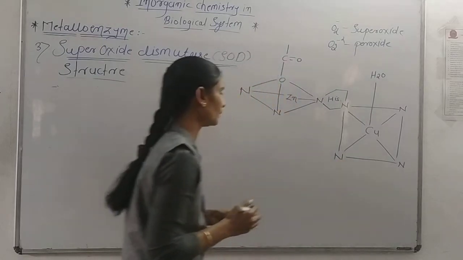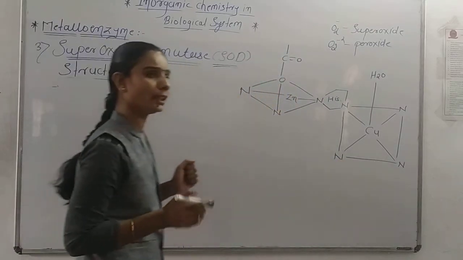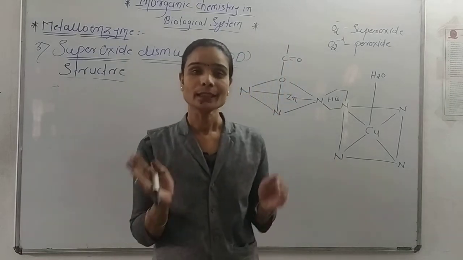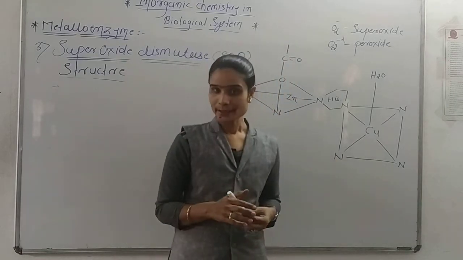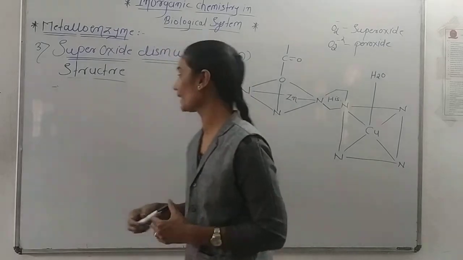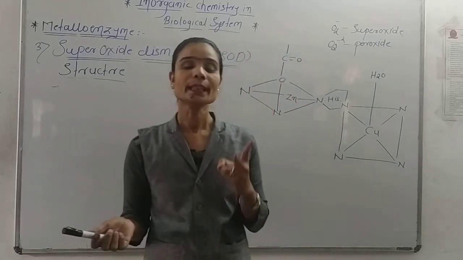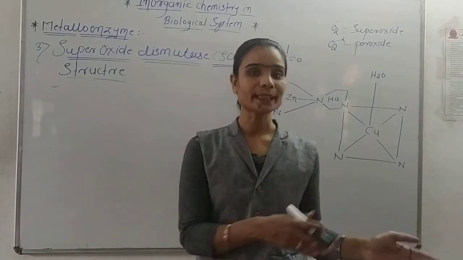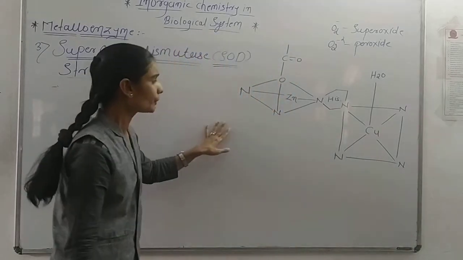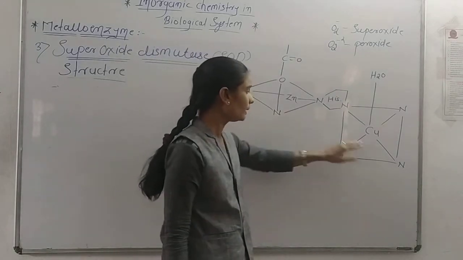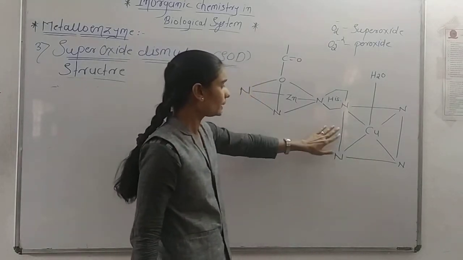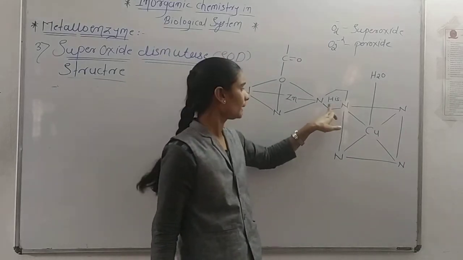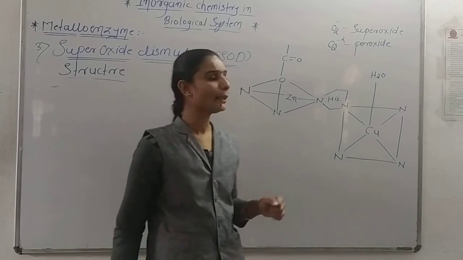We see the third zinc metalloenzyme, superoxide dismutase, which contains zinc and copper as metals in the active site of that enzyme. So there are two subunits present in superoxide dismutase, one having a copper atom, one having a zinc atom. This is the zinc subunit, this is the copper subunit, and these two subunits are separated by the nitrogen of histidine amino acid.